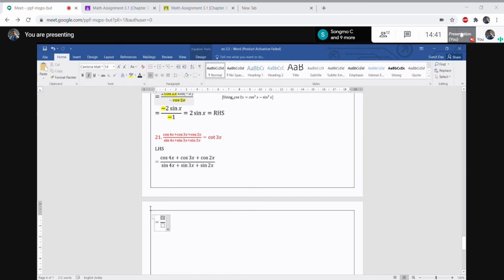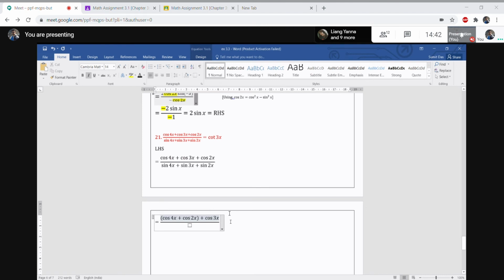So I'll rearrange like this: first cos 4x and cos 2x together in a bracket, plus cos 3x.